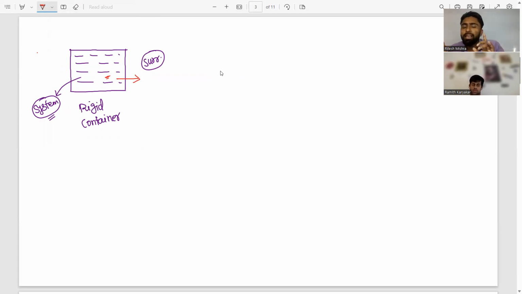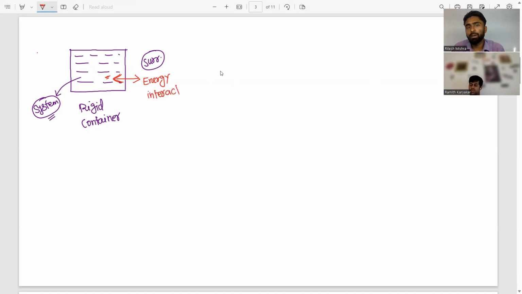But if surrounding temperature is higher than system temperature, then heat transfer goes from the surrounding to the system. That means there will be energy interaction.